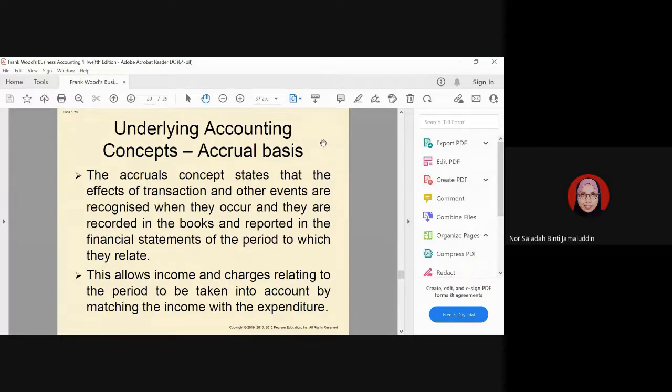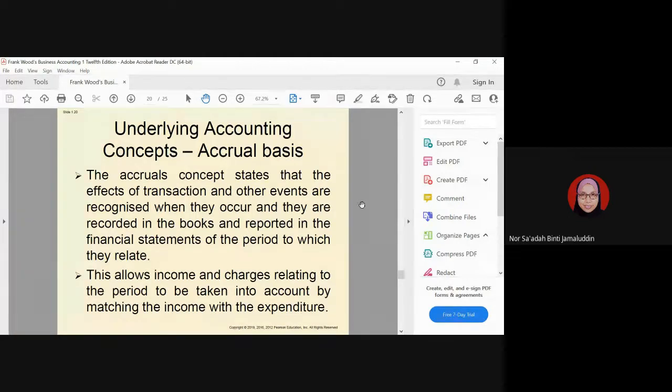So today my inventory is sold to Ahmad, and on this date I must record the transaction that proves my inventory is already sold.